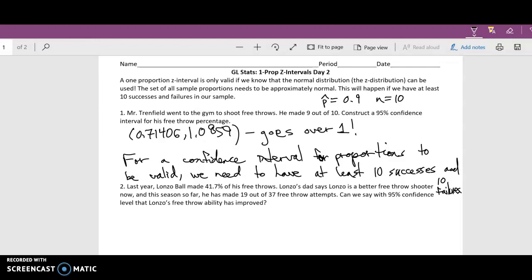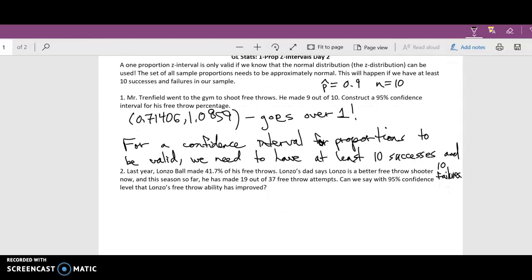And we didn't. We had 9 successes and 1 failure. That's why this interval was jacked up.